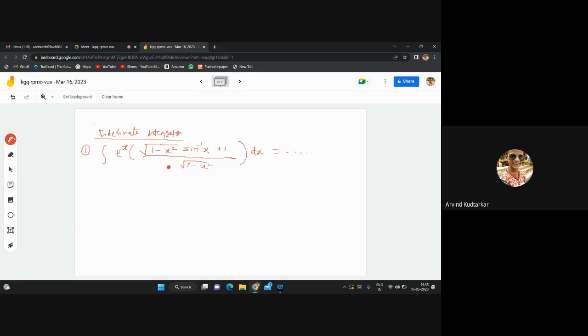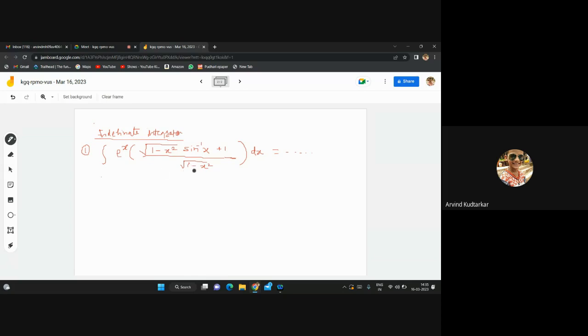So you may think the integral is lengthy. No, it has a simple solution. So how to get that simple solution? We get it with respect to the results of integration. So there are some results in integration.